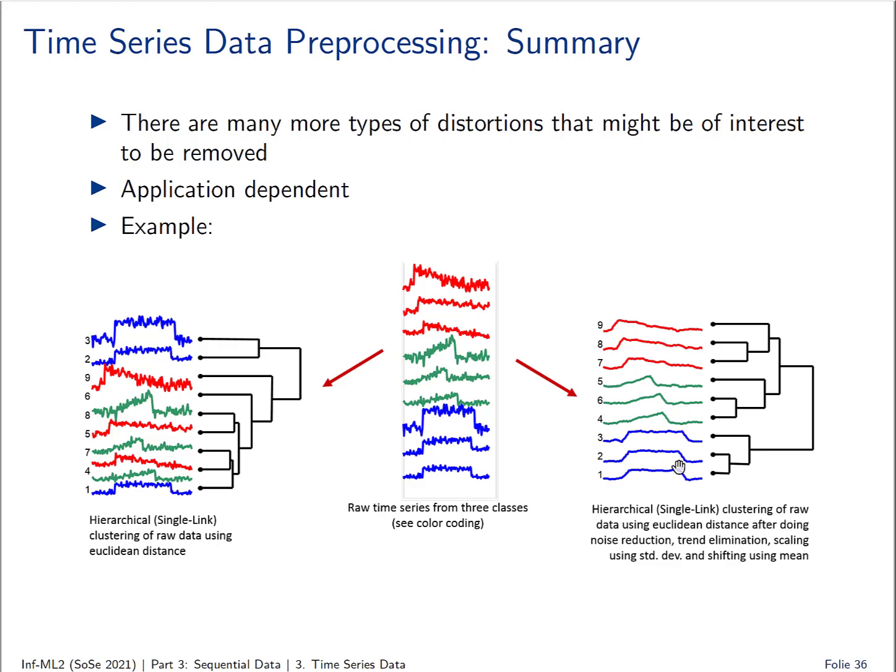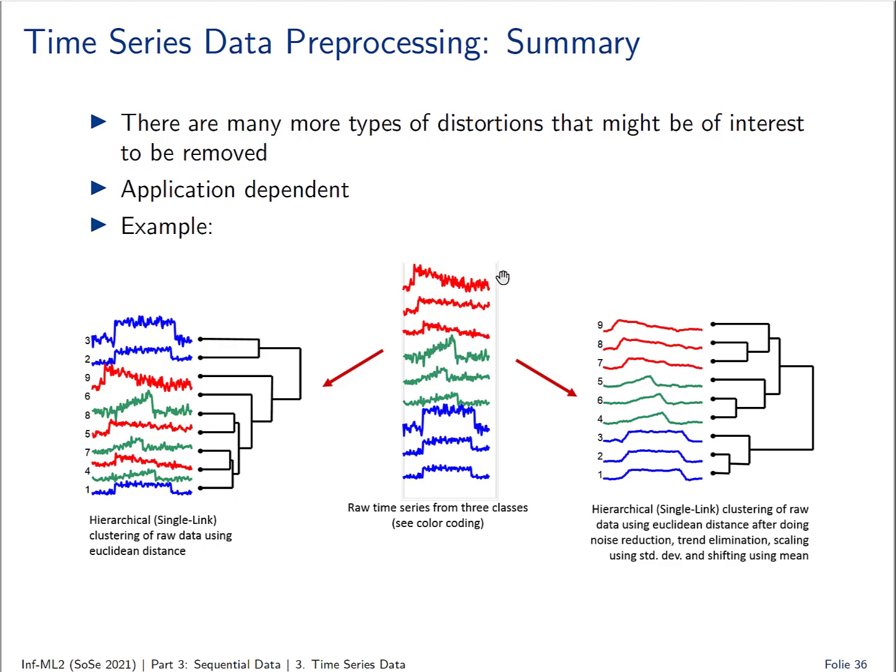And these 3 clusters are perfectly homogeneous in terms of class labels. You get one cluster with only the blues, one with only the greens, and one with only the reds. So that should tell you that, once again, it is application dependent, but in this case it really works very well.